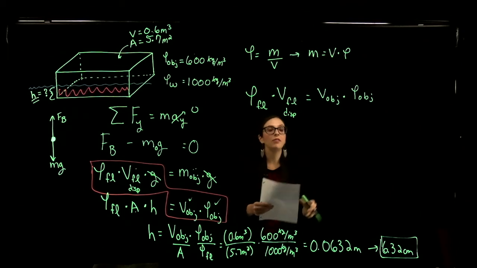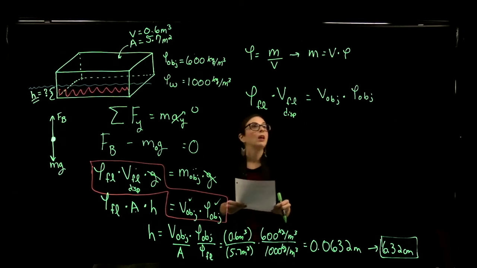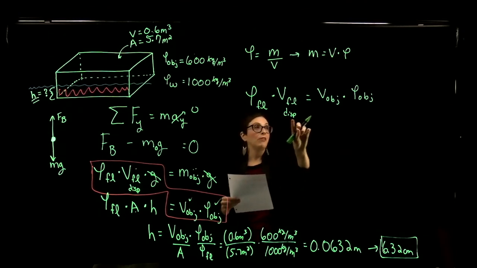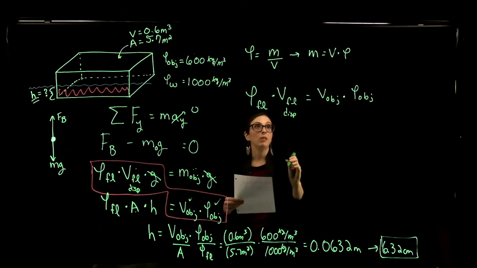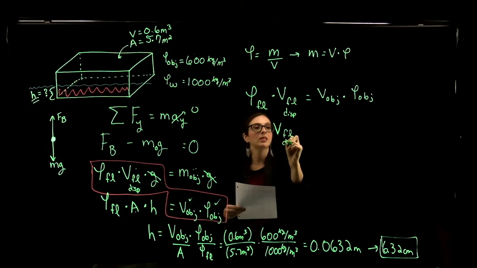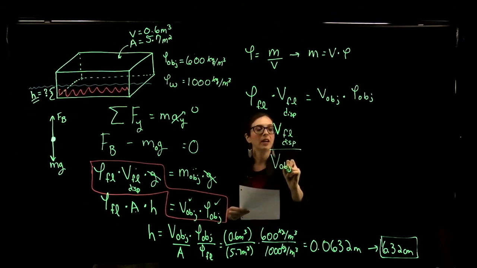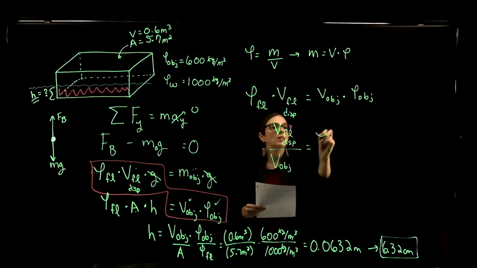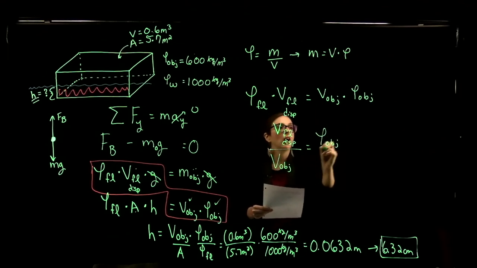Now, if I solve this for a ratio of the volume of my fluid displaced divided by the volume of the object, I will find that the volume of my fluid displaced divided by the volume of my object equals the density of my object divided by the density of the fluid.